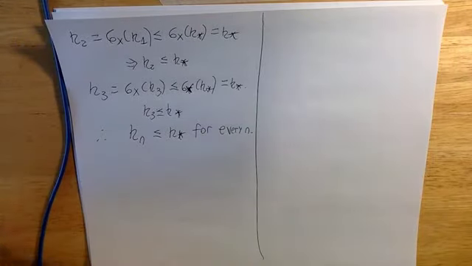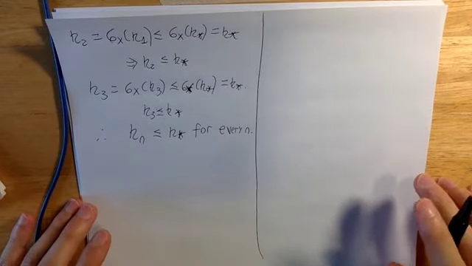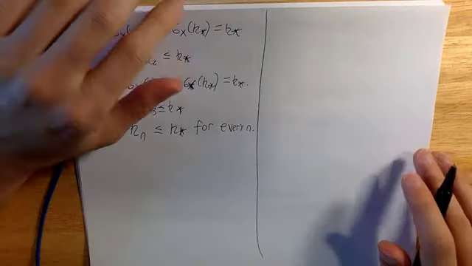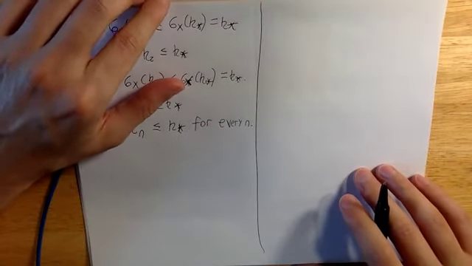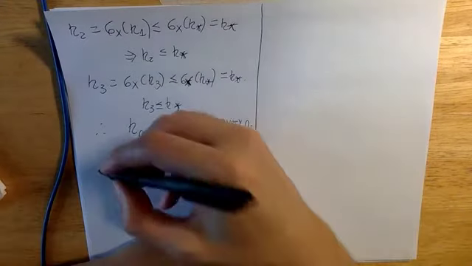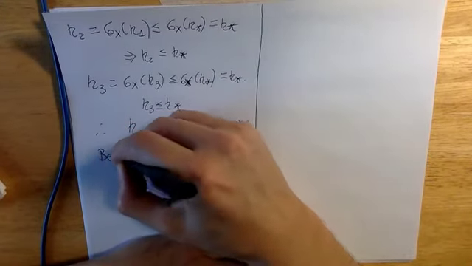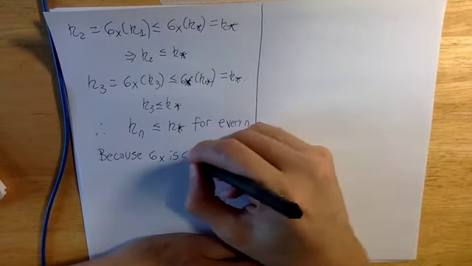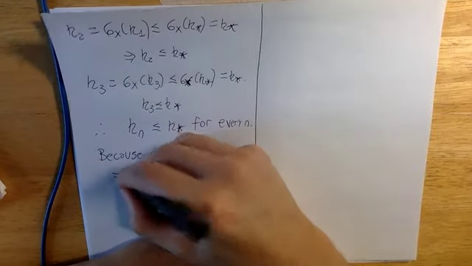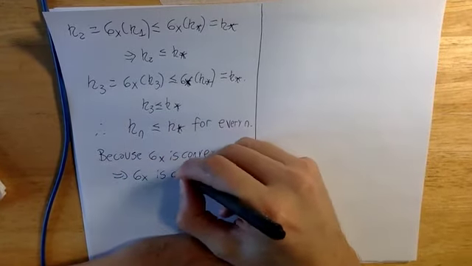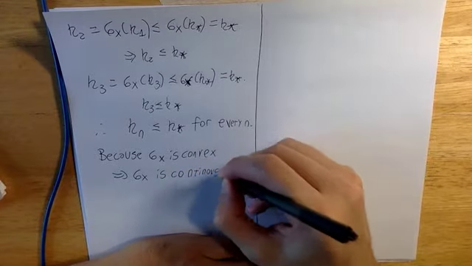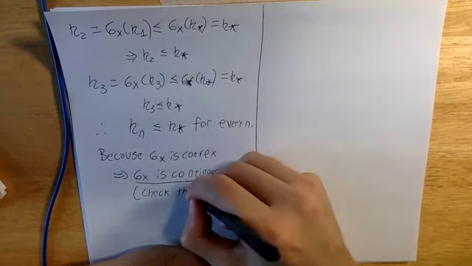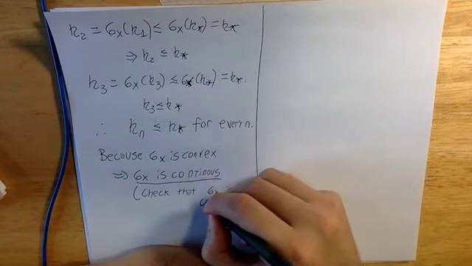So now, and this is something I guess I can ask you to prove yourself, or you can just check it by the convexity: because g_X is convex, this implies that g_X is continuous, and if not, check that g_X is continuous.